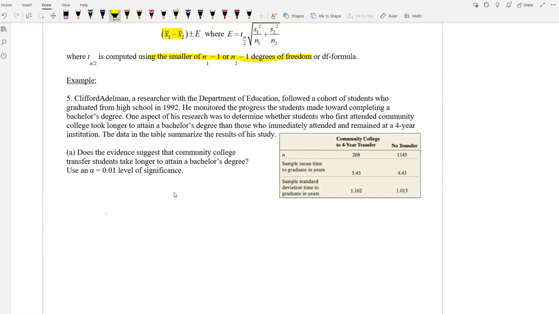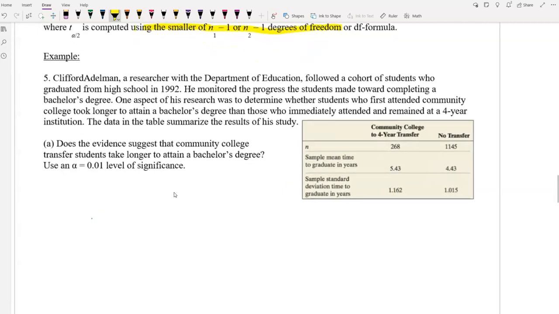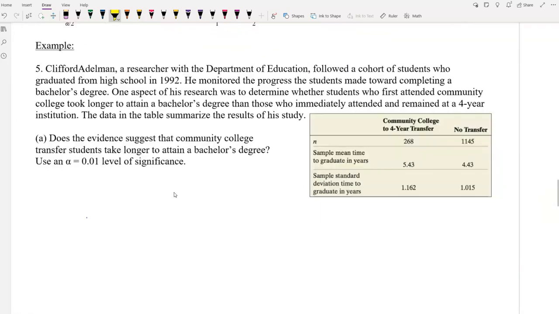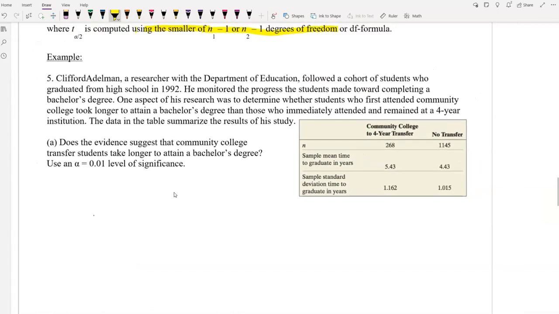Here is what we have based on whether we had transfer or not. So community college to transfer to a four-year institution, and the second column is no transfer. I'm going to use this one as group 1 and this one as group 2.